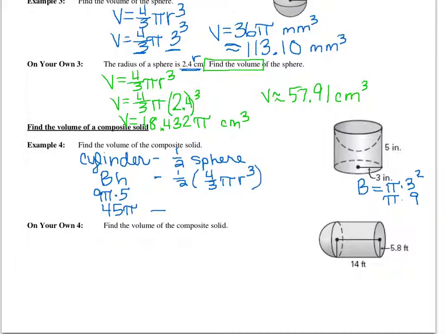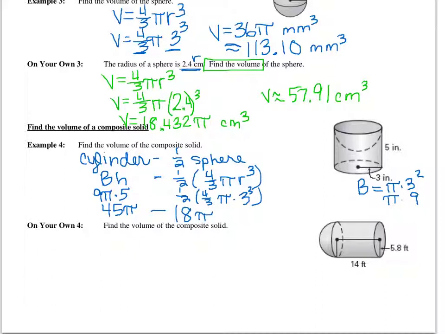So I want to subtract from that 1/2 times 4/3 pi times the radius of my sphere, which is still going to be 3, so times 3 cubed. If you do 1/2 times 4/3 times 3 to the third, that's going to give you 18, and then we can keep the pi on there.